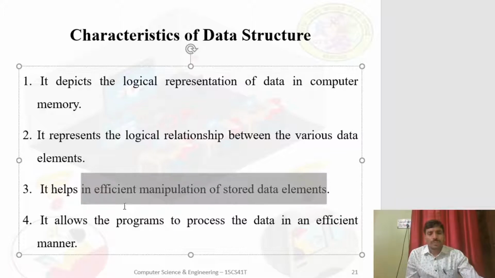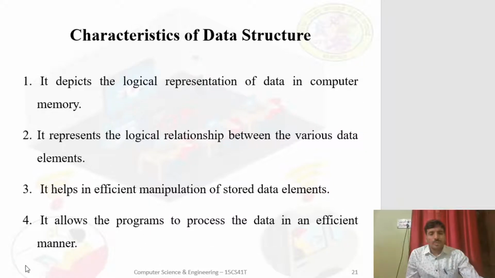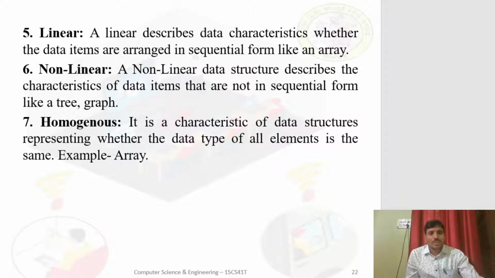By using various data manipulation techniques, we can manipulate the stored data elements. It allows the programs to process the data in an efficient manner. So this data structure will allow the programs to process the data, right? So data structure can be linear or non-linear, homogeneous, non-homogeneous, or heterogeneous.